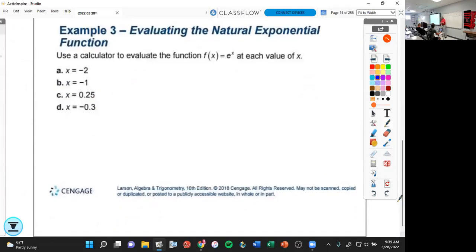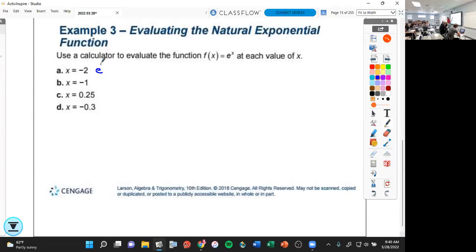Okay. Calculate these. What is the value of e to the x for each of these values? So letter A, I'm talking about e to the negative 2. On this, you don't have to push the caret button, do you? If you push that e to the x button, it puts the e on the screen and it automatically puts your exponent up there, right?